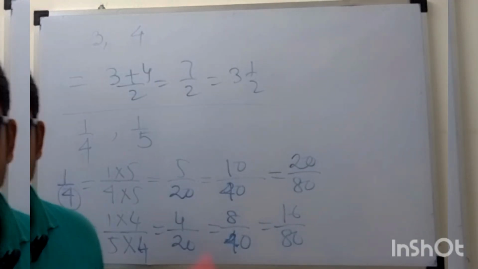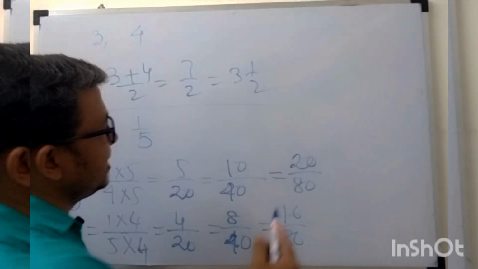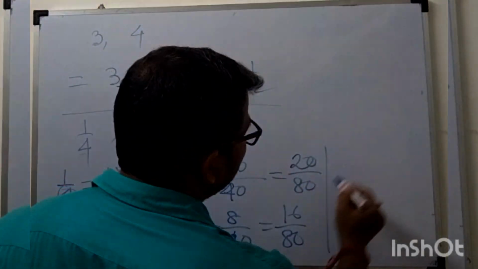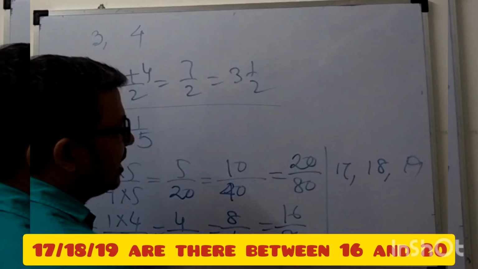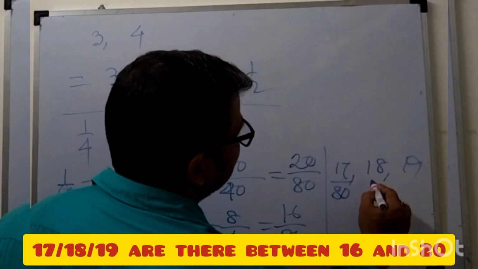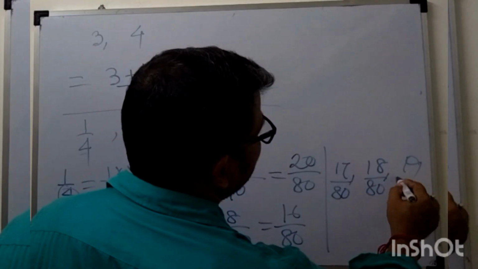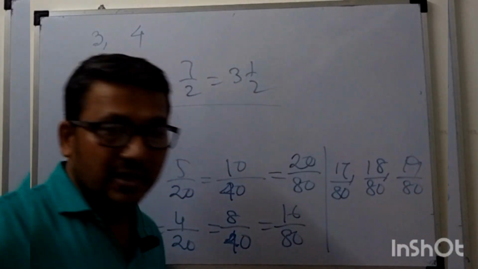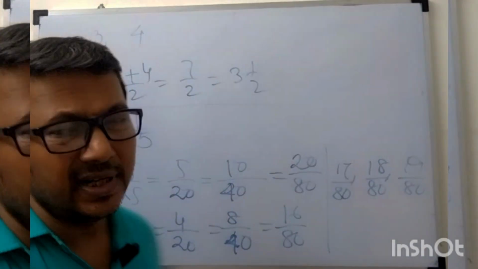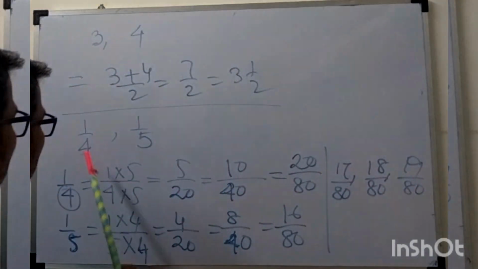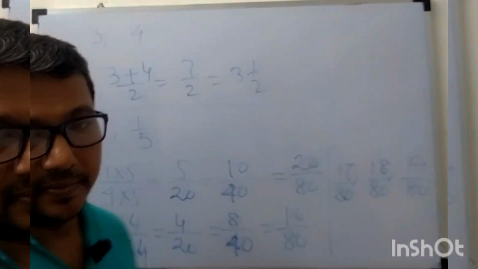Except 16 and 20, we can easily get 3 integers, and those will be 17, 18 and 19, and the numbers are 17/80, 18/80 and 19/80. So these are the 3 rational numbers between 1/4 and 1/5.